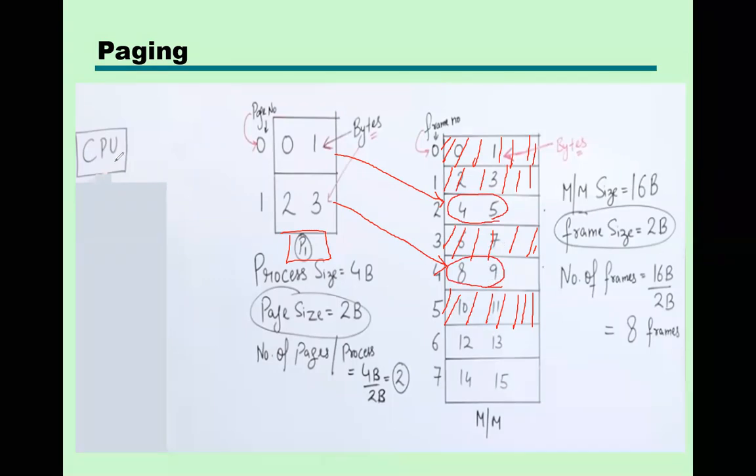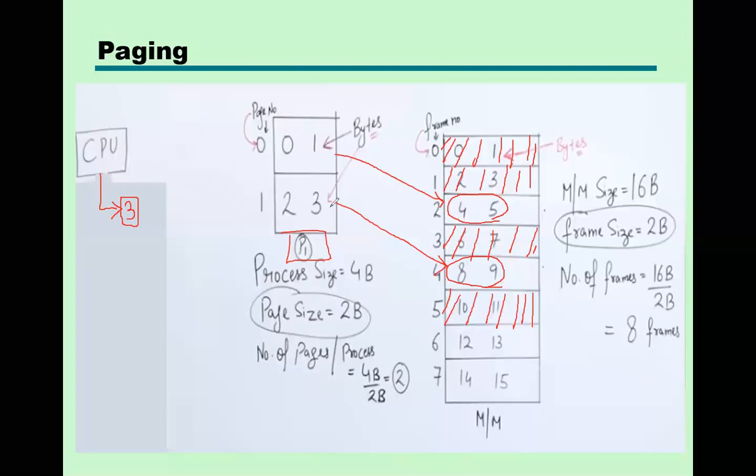Now the CPU demands byte number 3 from process 1, which is stored somewhere in the main memory.